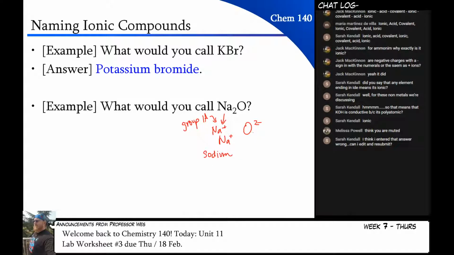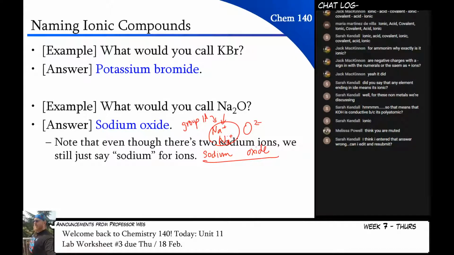We're going to just call it sodium. This is just oxide because we just named those. So this compound would be sodium oxide. Now, even though there's two things here, the rules for naming ionic compounds do not say put a prefix in front. They just say name the metal. So even though there's two sodiums, you just say sodium. Doesn't matter how many of an ion you have, you just name them.